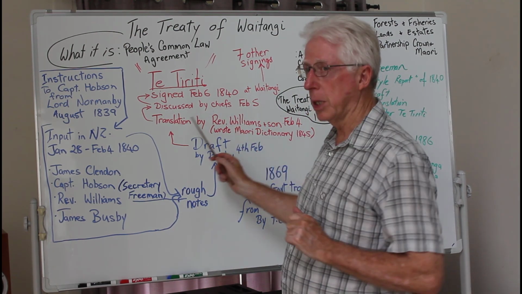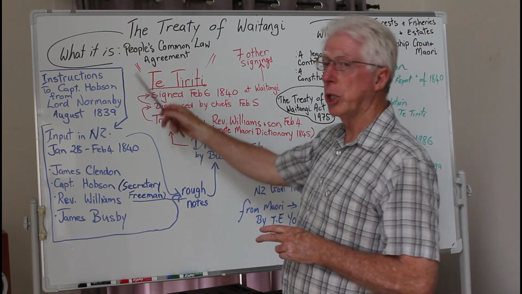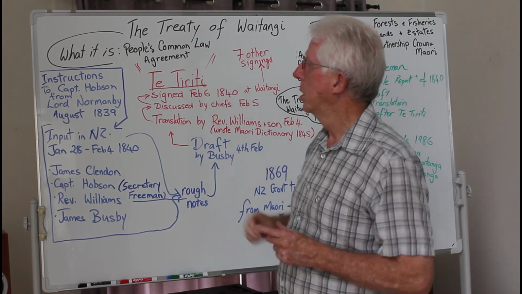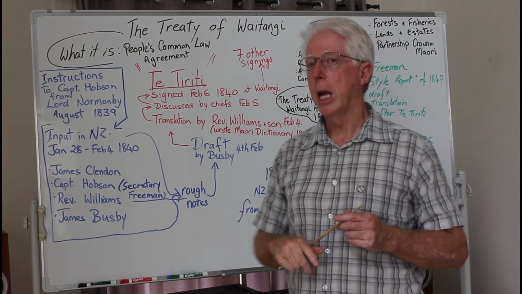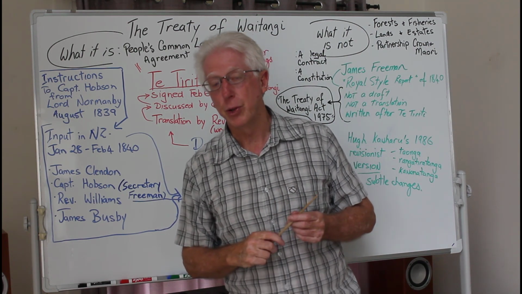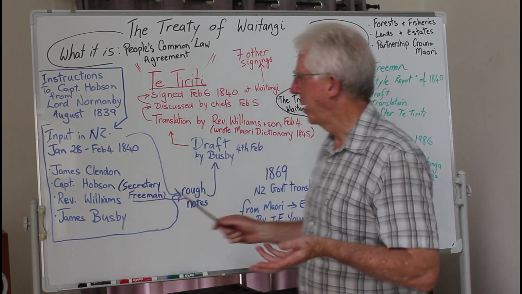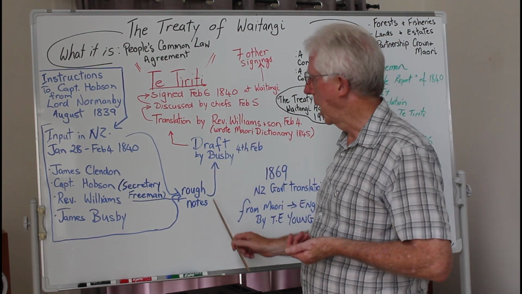It was discussed by the chiefs and tribes on February the 5th, and the Tiriti document produced by Reverend Williams and his son was signed February the 6th, 1840 at Waitangi, and subsequently over the next few months at 7 other signings around the country. So we have a key document, the Treaty, we have the draft by Busby and the rough notes.